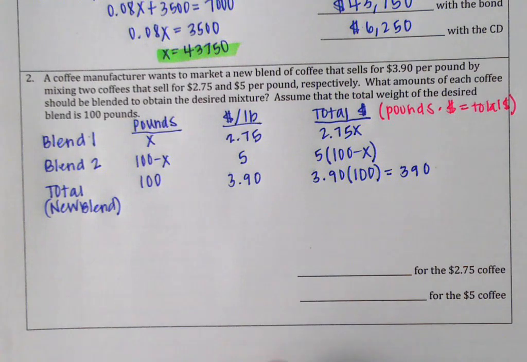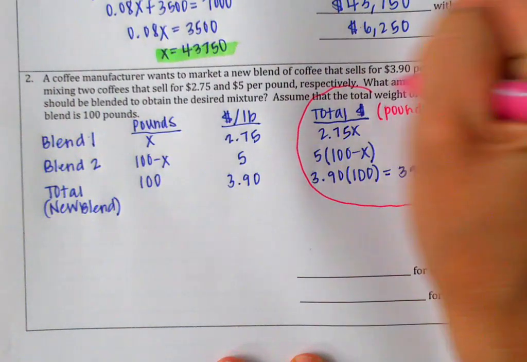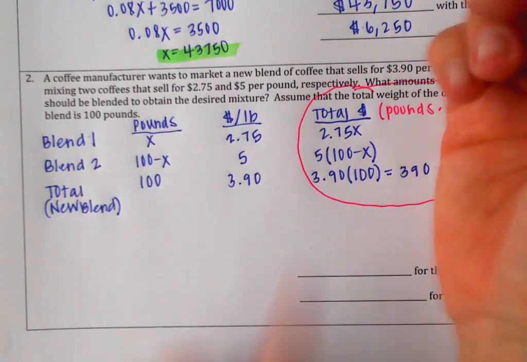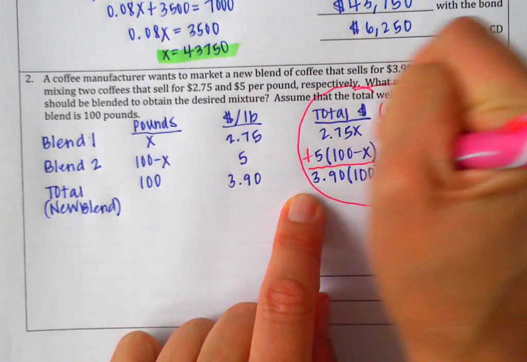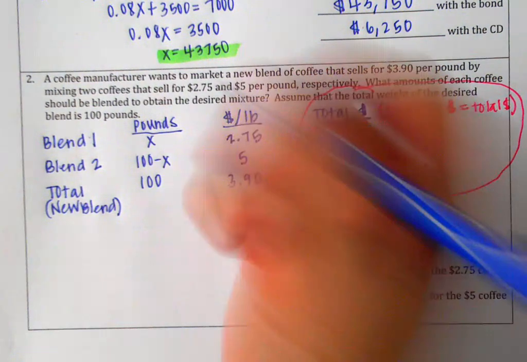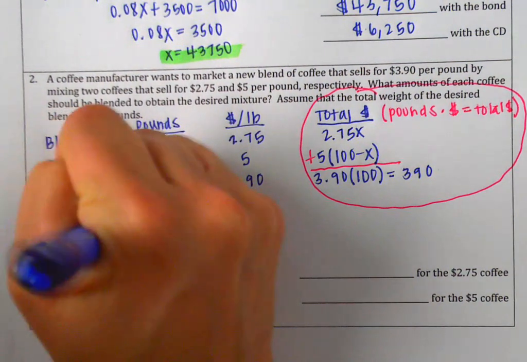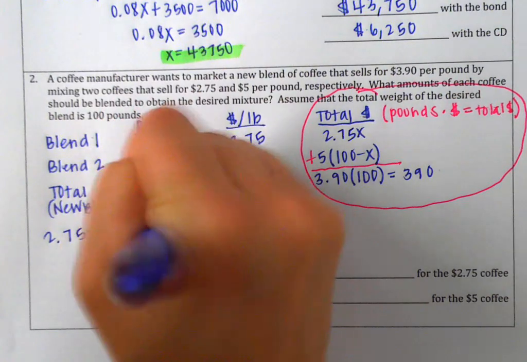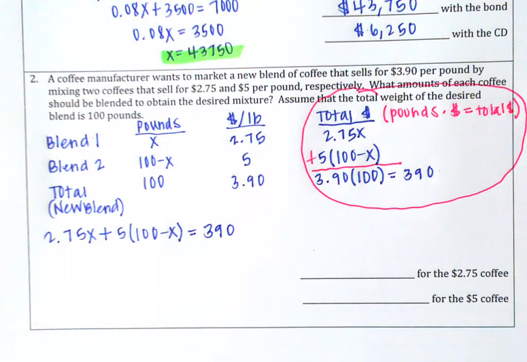Okay, so again, I am going to use this information to help me solve for my variables, because we're going to do the amount of blend 1 plus the amount of blend 2 to get my total amount. So I'm going to do 2.75x plus 5 times 100 minus x equals 390.